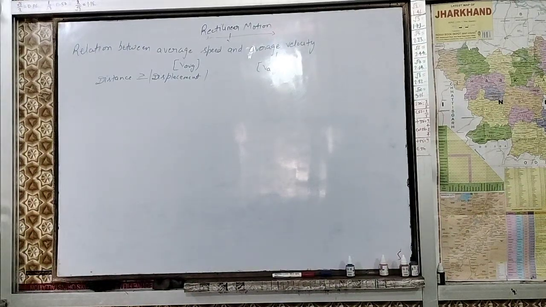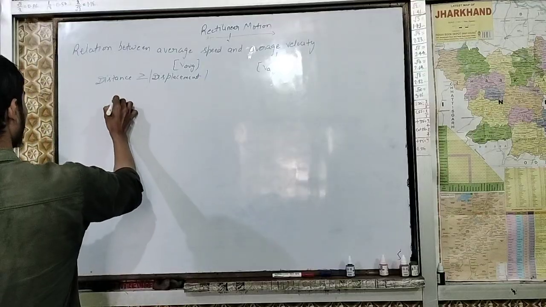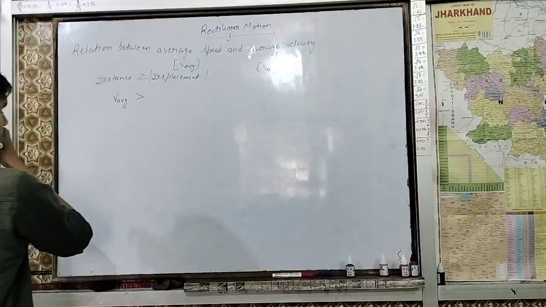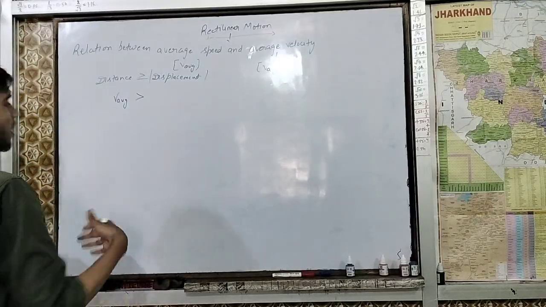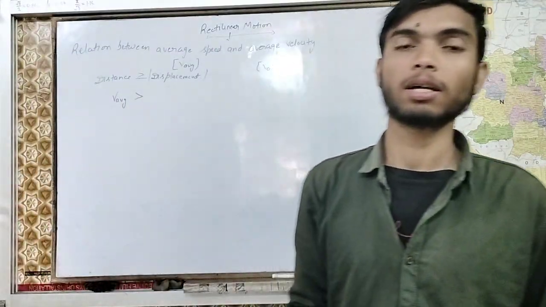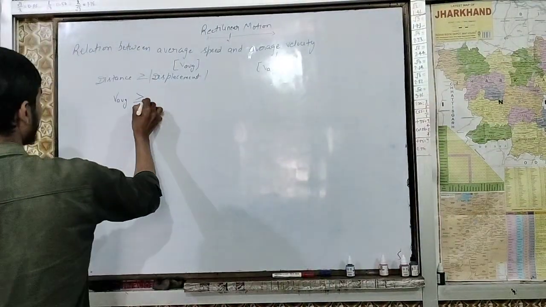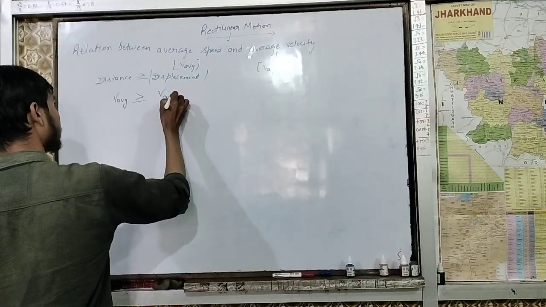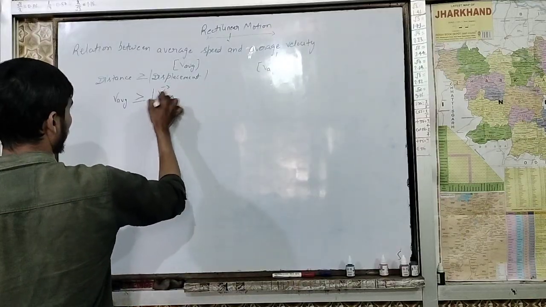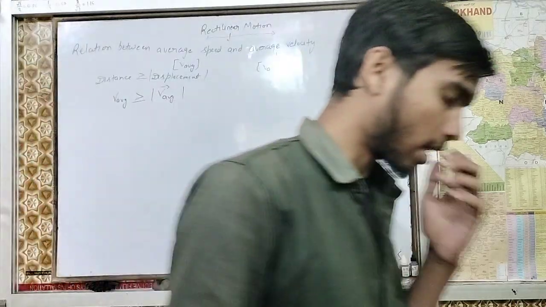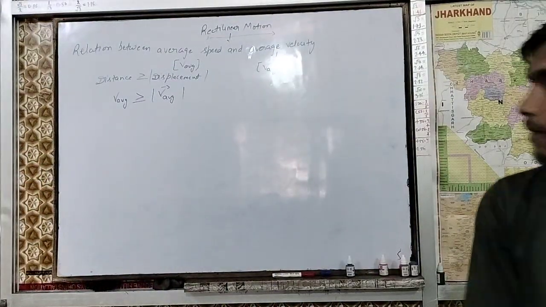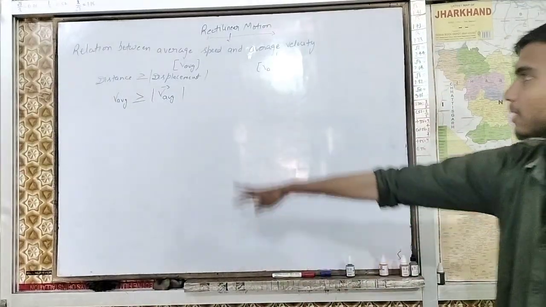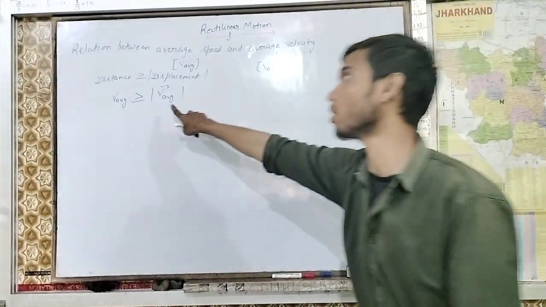So for this we have v average. That's why we can say average speed will be equal or greater than the mode of average velocity. This is nothing but average, but when it comes to this symbol, this is average velocity.